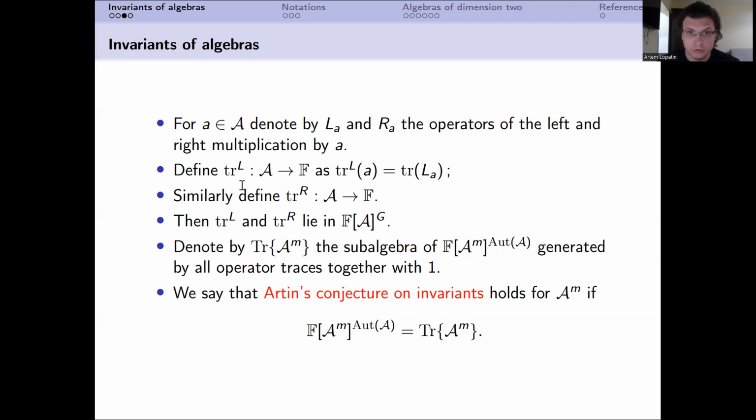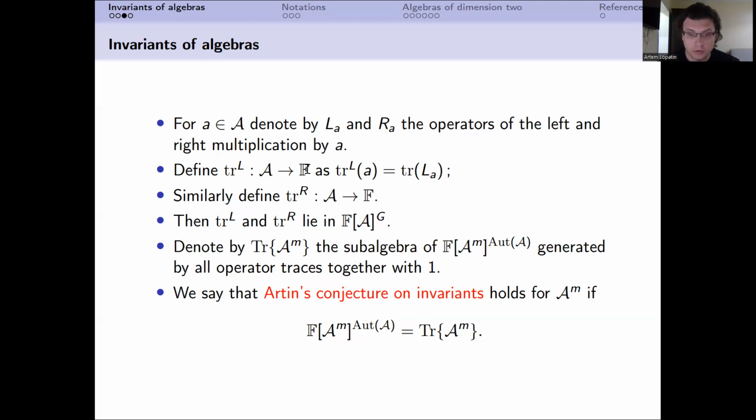Here we consider the trace of one linear operator, but we can take a composition of these operators. We can take the composition of, let's say, the operator of left multiplication by A and right multiplication by B, and take the trace of it. And the resulting function is actually invariant as well, only not from A, but from A squared to the field F, but it's still an invariant function.